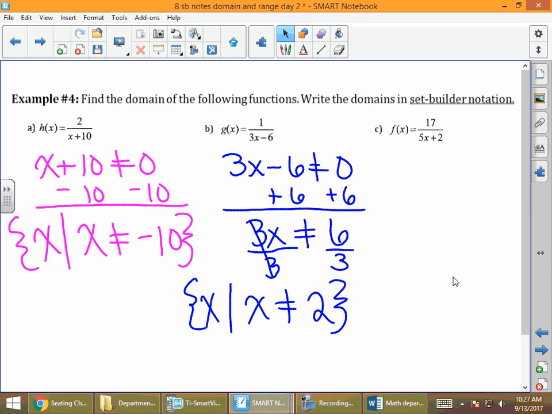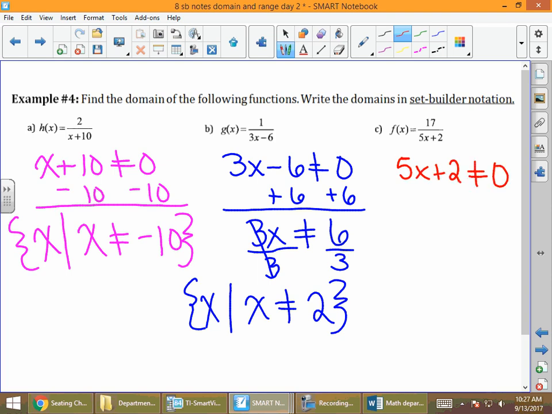Letter C. Fraction. We need to be concerned with the denominator, the bottom of the fraction. We're going to take 5x plus 2 and set it not equal to 0. Solve that. Subtracting 2 from both sides, we get 5x doesn't equal -2.